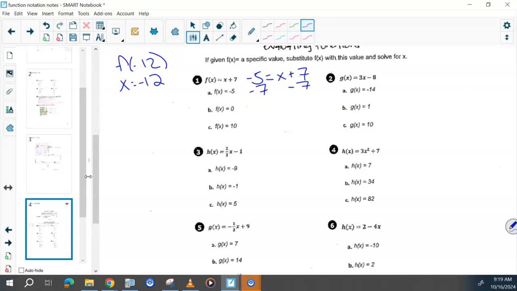Questions on that before we do B and C? Okay. The process here will then be the same. I know I'm going to be subtracting 7 for each of these, but I am going to replace the y value first.